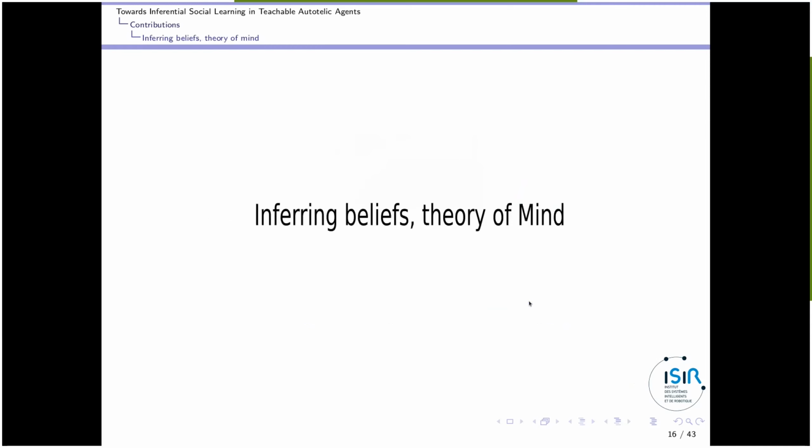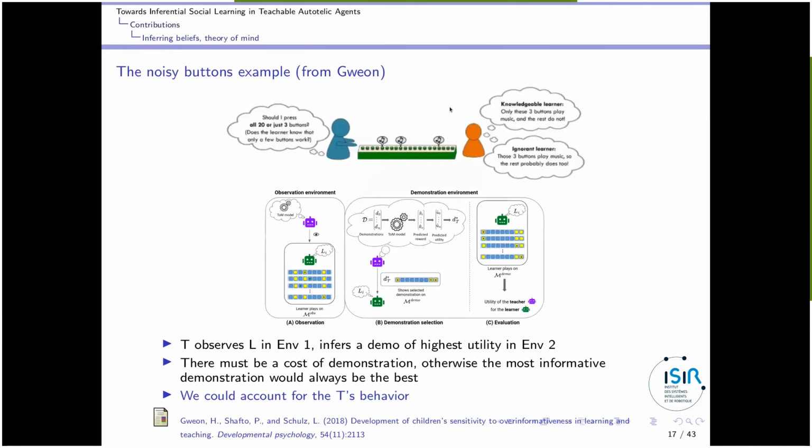Okay, so the idea is that in the work of Clémence Creslin, who is here also, we are now interested in trying to infer beliefs and making a model of the other partner in a quite different setup. Okay, so the setup is again inspired by work by Yo Gueon and a few co-authors. This starts with an experiment with two infants.